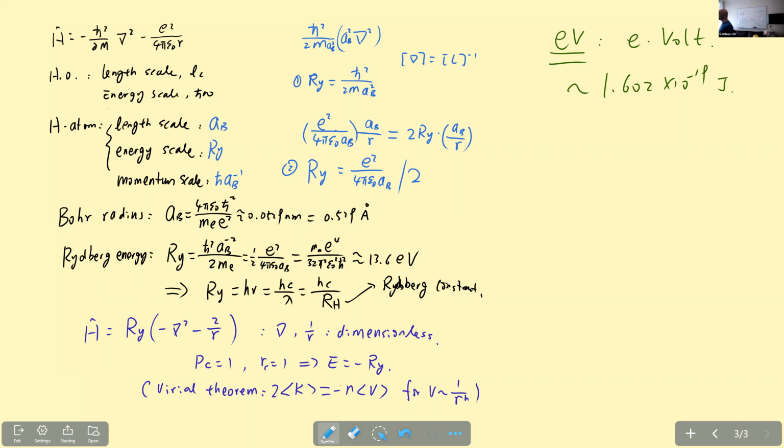That's the energy of an electron at a potential V equals to 1 volt, and this is a very important energy scale.